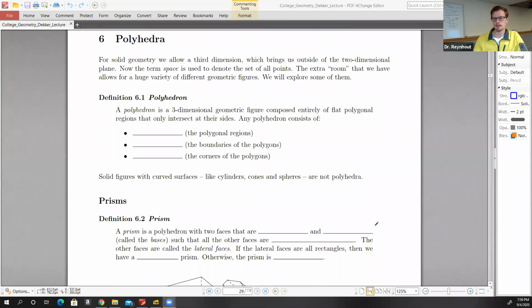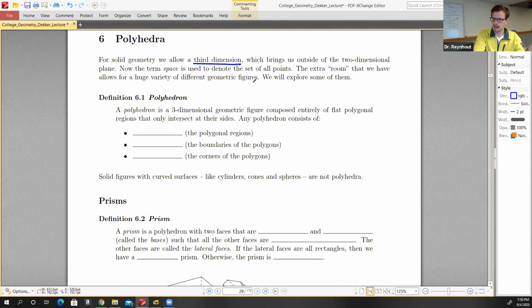Polyhedra. So polyhedra are actually a three-dimensional geometric object. Okay, so for this, we're allowing certainly a third dimension. Previously we saw the x-axis and y-axis that created our two-dimensional space.